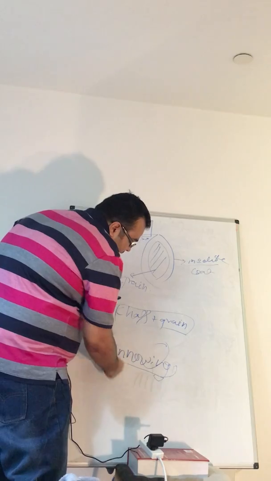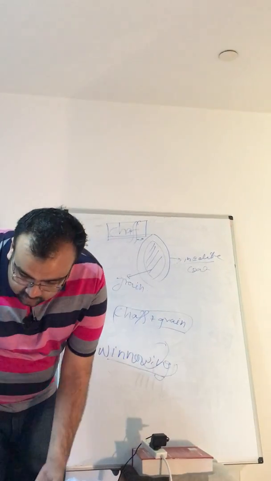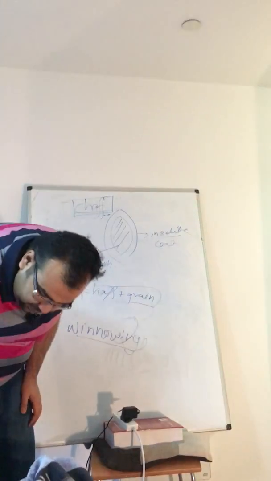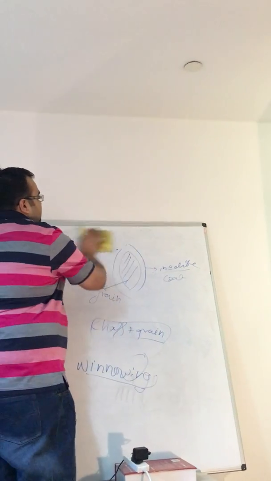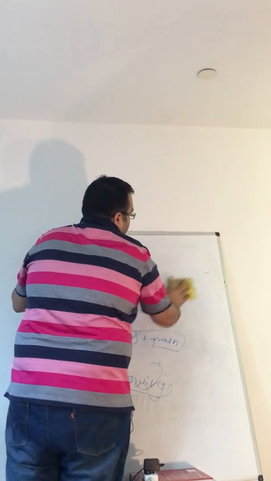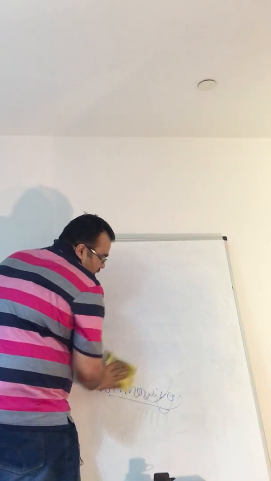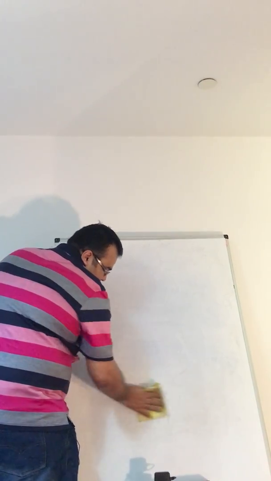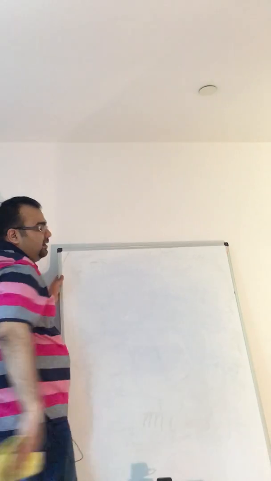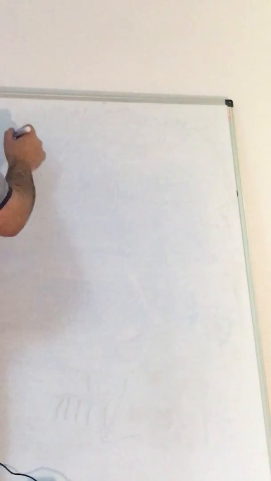Now, how does the winnowing happen? Winnowing is going to be done either by a natural process of utilizing the wind energy, or artificially by recreating the air current, that is basically using a fan. How does this happen?